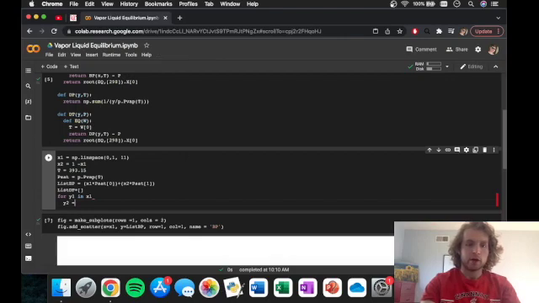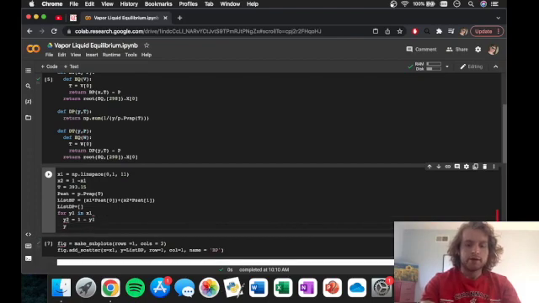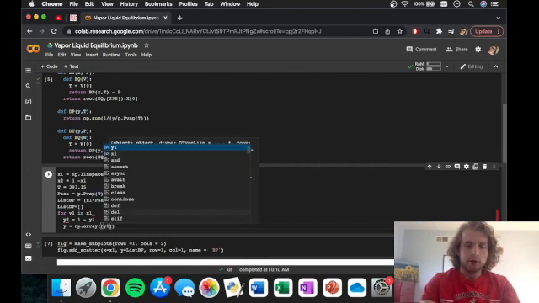We're going to know that y2 is going to be equal to 1 minus y1 because, again, you can't have a mole fraction equal to anything more or less than 1, right? The percentages are going to be equal to 1. And then y is going to be equal to np.array of y1 and y2.